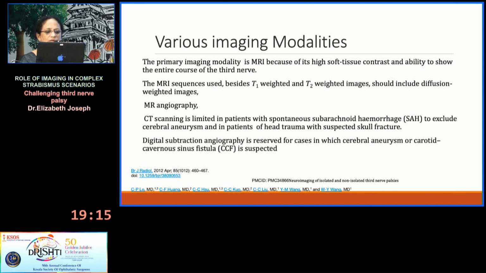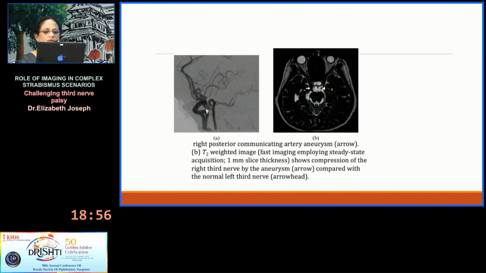CT scanning has a limited role. It is important if you are suspecting trauma, skull fracture and so on. Digital subtraction angiography is reserved for cases in which cerebral aneurysm or carotid cavernous sinus fistula is suspected. Now I will show you pictures of some of the images in patients.